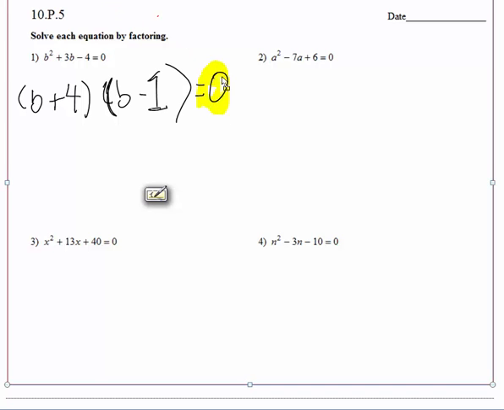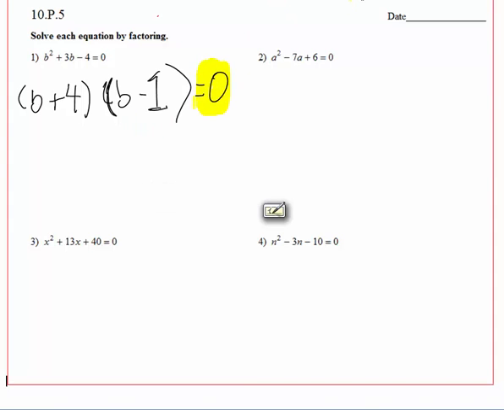This part of the equation gives us a clue on how to solve it, because we know that whenever we multiply a number by 0, we have to get 0. So either this equals 0, or this equals 0.